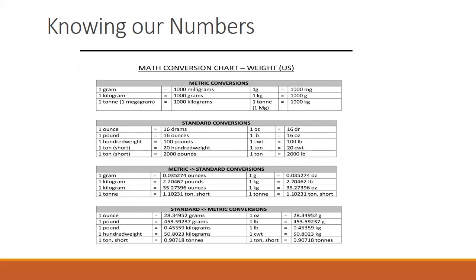So milli, you have studied previously, is when we divide by 1000. So we have just prefixed milli before gram, and it becomes 1000 milligrams. Similarly, 1 kilogram, with kilo, is equal to 1000 grams. 1 ton is equal to 1000 kilograms.